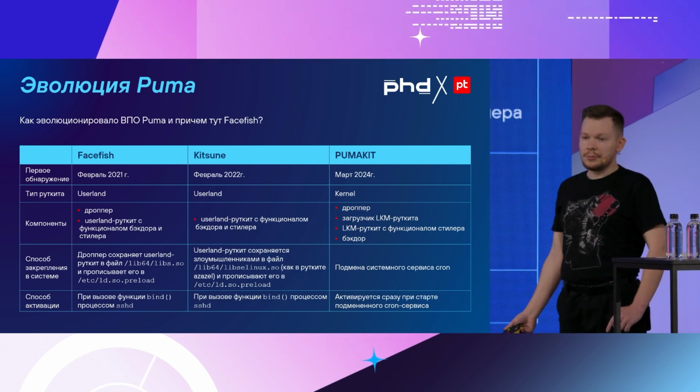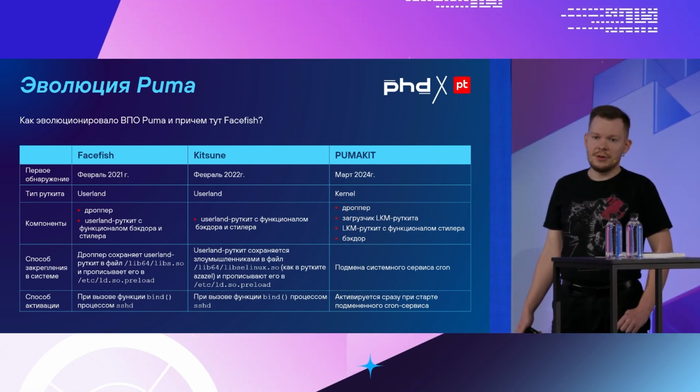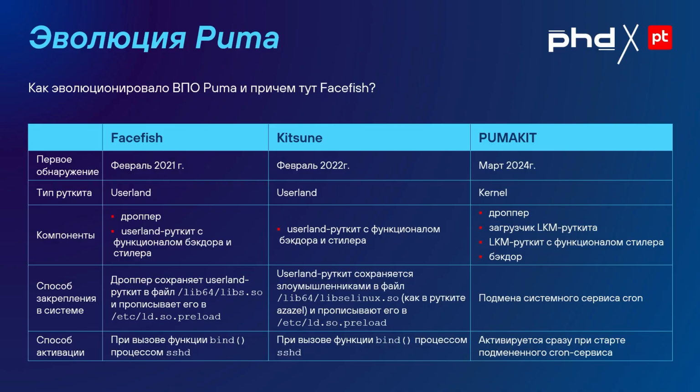Facefish uses libs.so, but Kitsune uses the rootkit in libselinux.so, as was done in the open source rootkit Azazel. Puma substitutes a legitimate service to persist in the system.